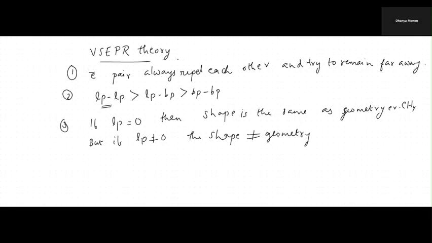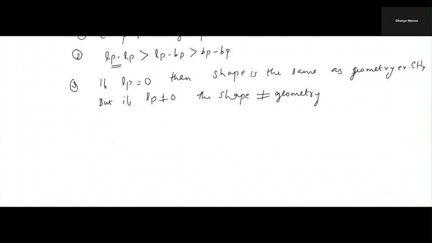Okay, we also learned that geometry depends on both bond pair and lone pair. That is Z. And how to calculate Z?